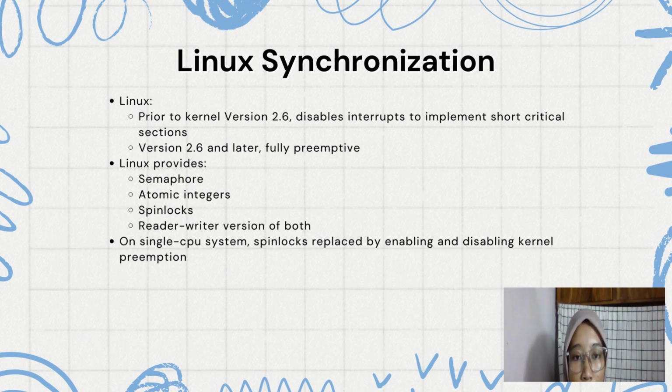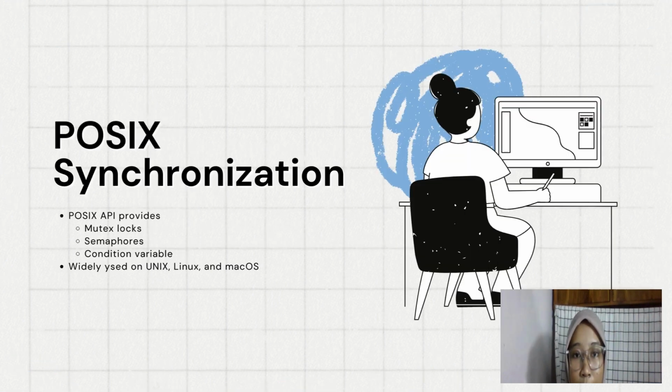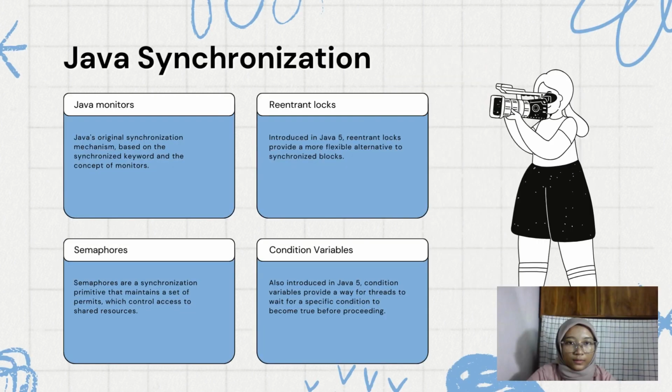On single-CPU systems, spin locks are replaced by enabling and disabling kernel preemption. The next one is POSIX synchronization. The POSIX API provides mutex locks, semaphores, and condition variables, and is widely used on Unix, Linux, and macOS.